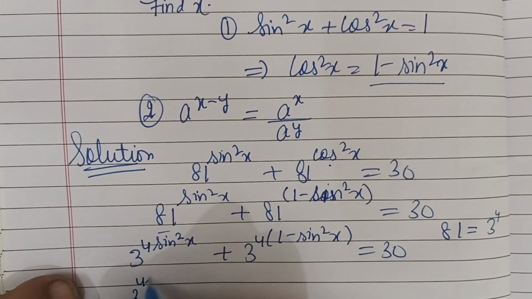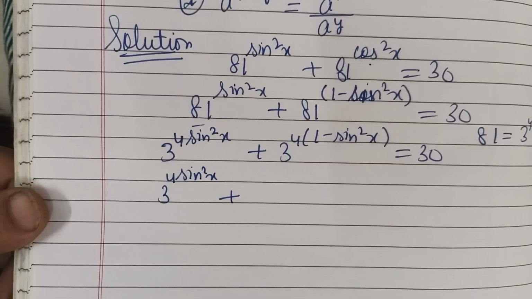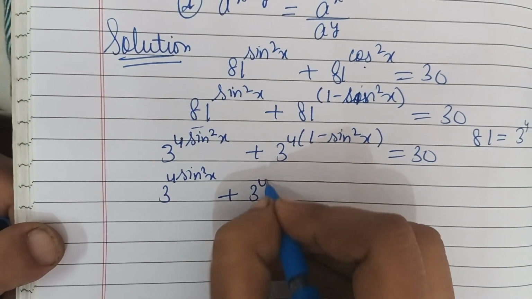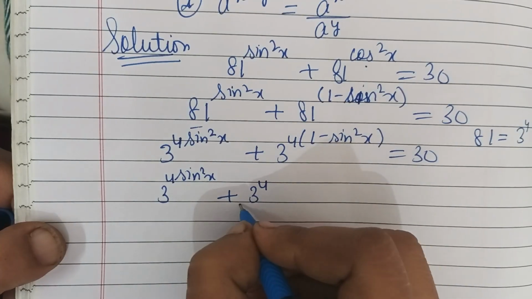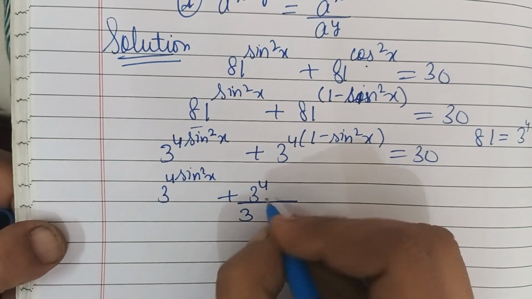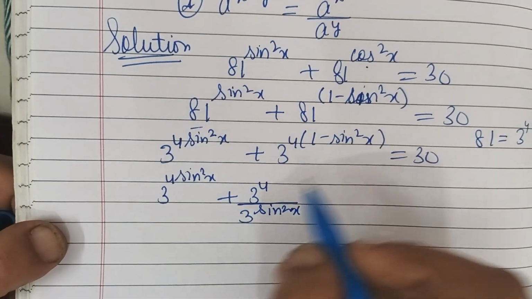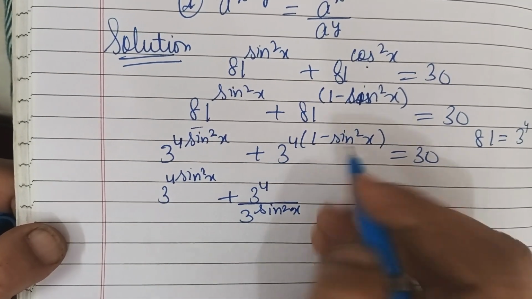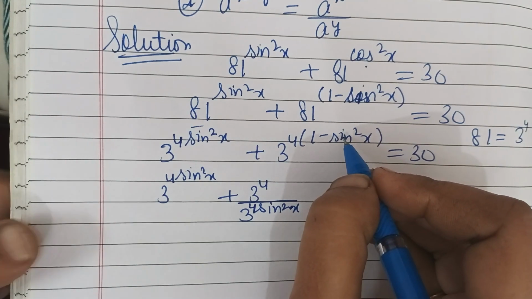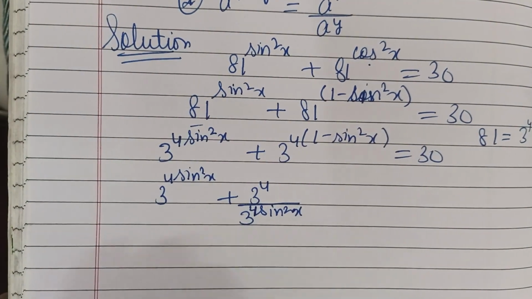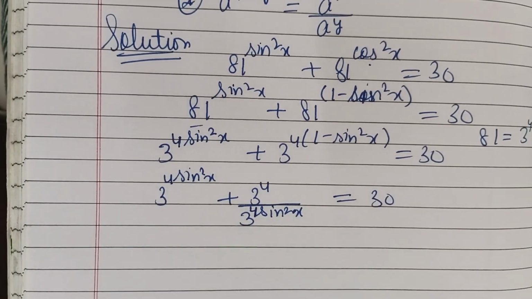3 raised to power 4 sin square x plus 3 raised to power 4 upon 3 raised to power 4 sin square x, because when we have a negative in the power, it will go in the denominator, equals 30.